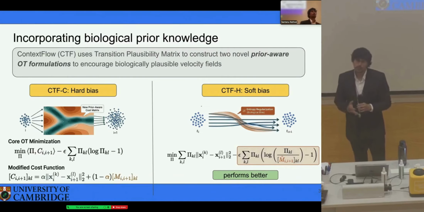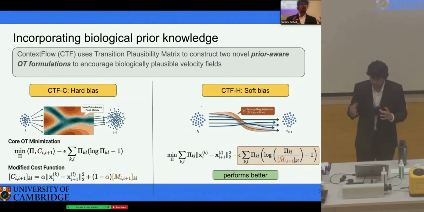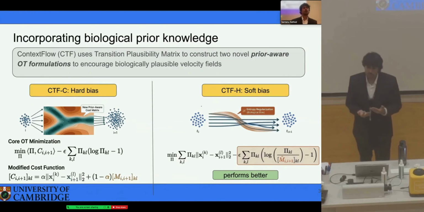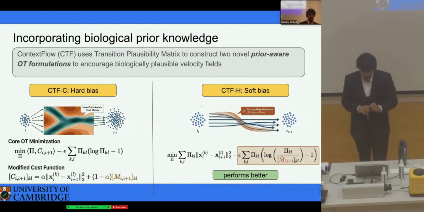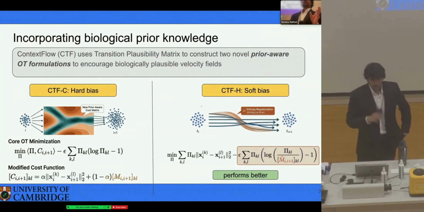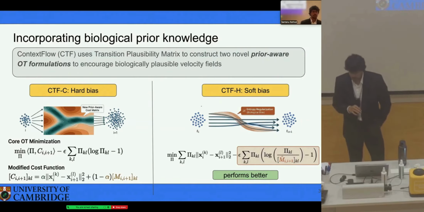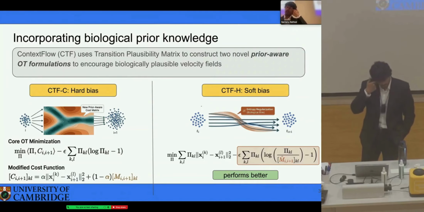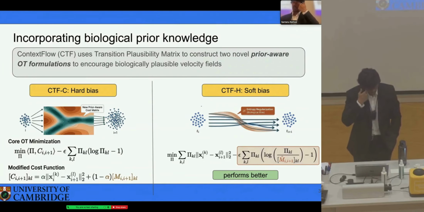And then we encode this plausibility matrix into the optimal transport formulation. We propose two novel prior-aware OT formulations to encourage biologically plausible velocity fields. On the left, we have included this transition matrix in the cost term. On the right, we have included this transition matrix in the entropy term.